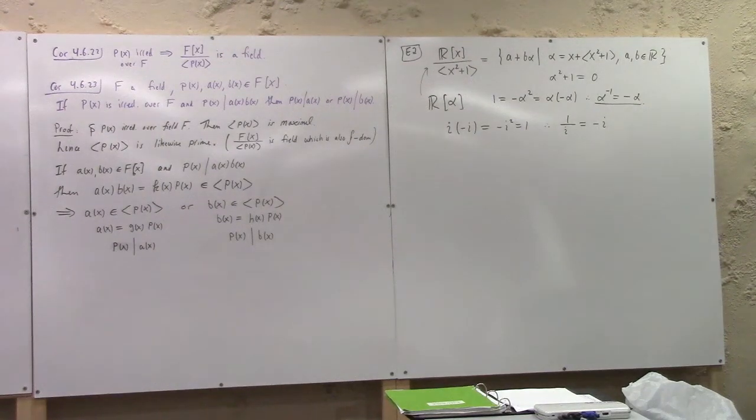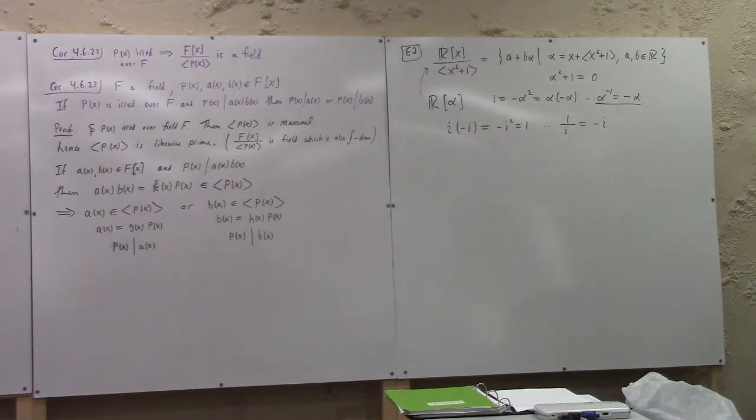Definition. Let D be an integral domain, which means what? It's a commutative ring with unity and no zero divisors. Yeah, very good. Let a and b be elements of this domain.